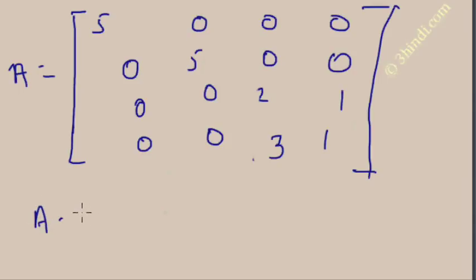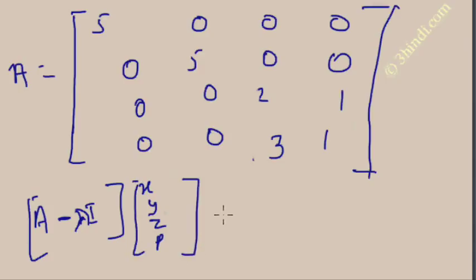To find the eigenvectors, A minus lambda I into, here it is 4 by 4, so x, y, z, p, suppose there are 4 variables, is equal to the zero matrix. So for lambda equal to 5, I will put 5 minus 5, 5 minus 5, 0.